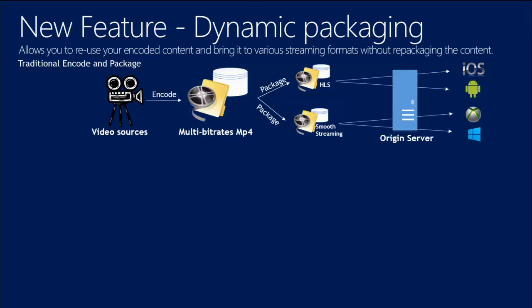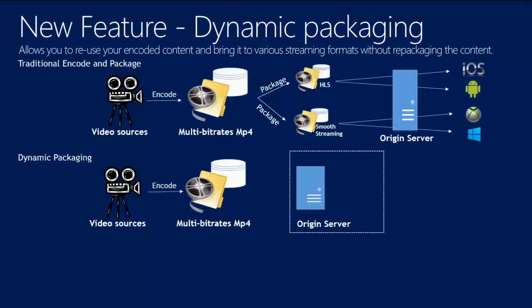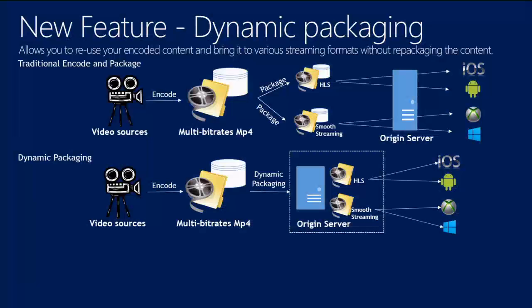However, when you use dynamic packaging, you still need to go into the encoding part. That's something you have to do. However, instead of producing this intermediate packaged asset, you just ask us, hey, give me the right streaming format, and we will magically look into the multi-bit rate MP4 and deliver HLS and smooth streaming files out for you.